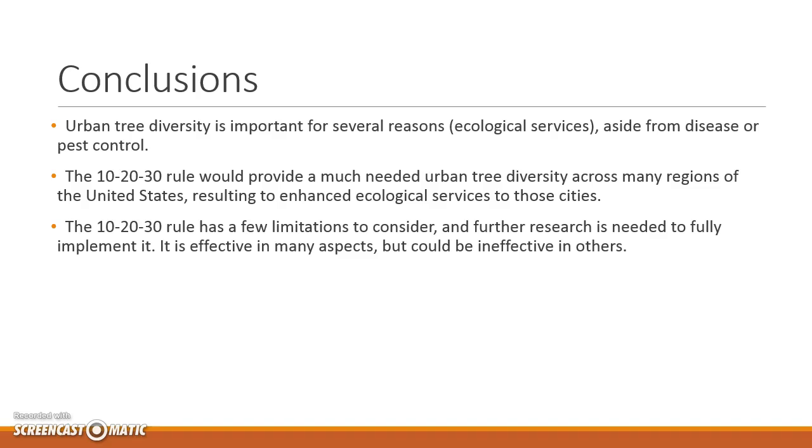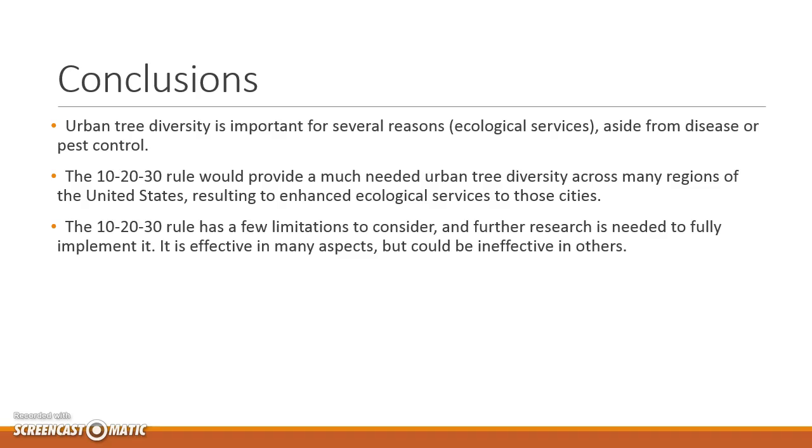So from looking at the studies of the 10-20-30 rule and urban tree diversity, I come to these conclusions. Urban tree diversity is important for several reasons, mainly the ecological services that it provides, aside from the fact that it may or may not control diseases and pests.